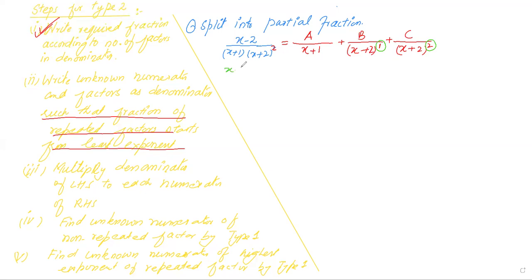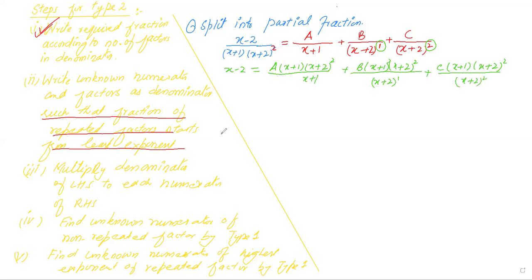Now you will write x minus 2 is equal to A times (x plus 1)(x plus 2) whole square divided by x plus 1, plus B times (x plus 1)(x plus 2) whole square divided by x plus 2, and the third fraction is C times (x plus 1)(x plus 2) whole square divided by x plus 2 whole square.